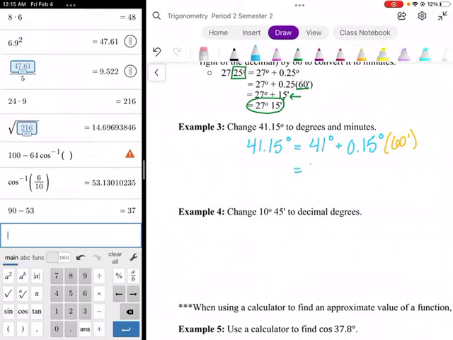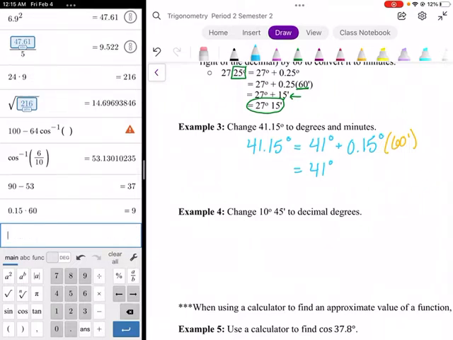By doing that, we are changing it from degrees to minutes. So we'll take 0.15 times 60, and that will be equal to 9. Making our final answer 41 degrees and 9 minutes.